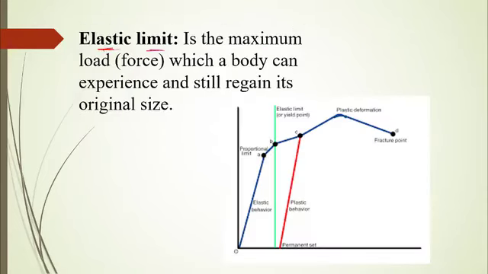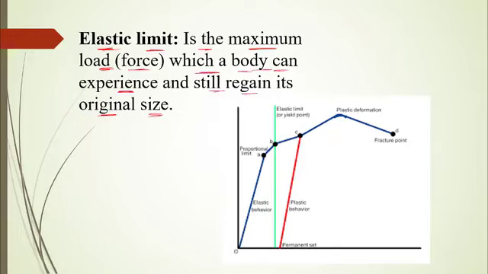Now, what do we mean when we talk about elastic limit? First of all, elastic limit simply refers to the maximum load, the maximum force, which a body can tolerate, and this body will still be able to regain its original size.